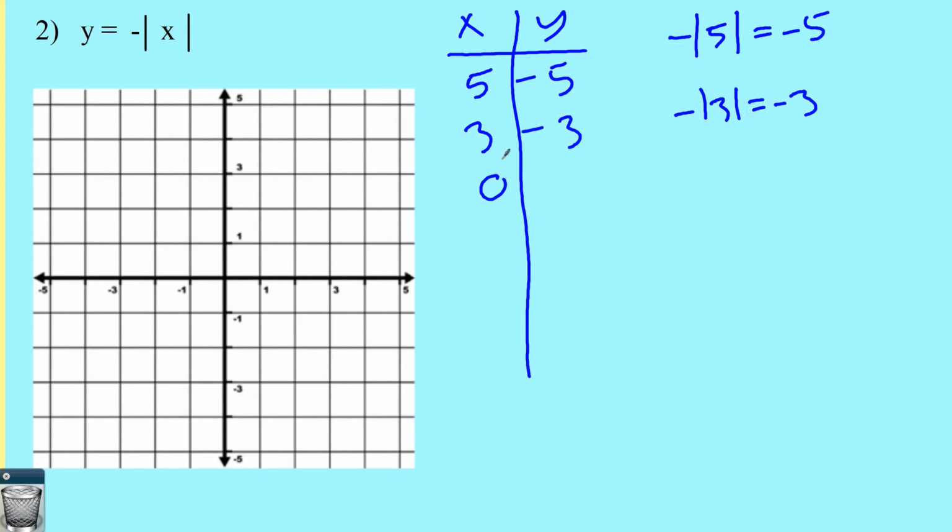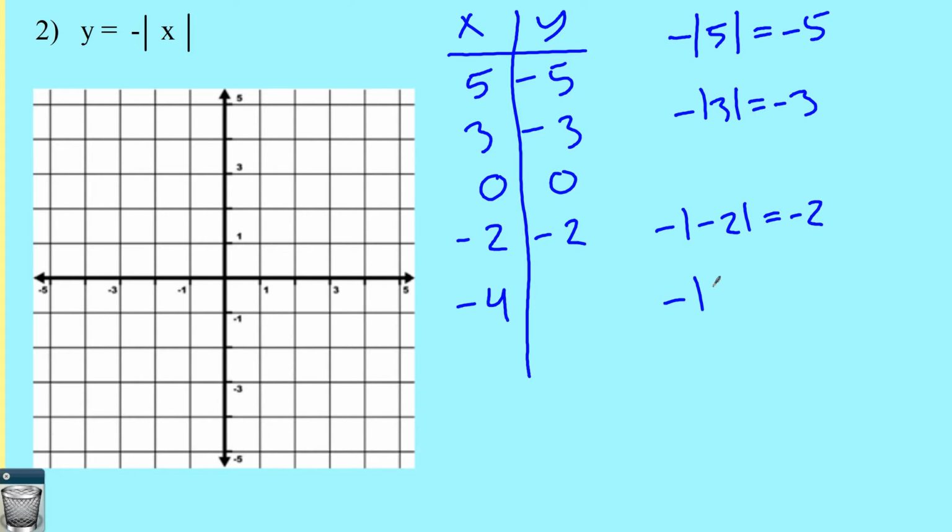We plug in 0. That's kind of nice to see. Let's do -2. Negative absolute value of -2. Well, absolute value is just 2, but then we have a negative out front. So -2. Plug in -4.